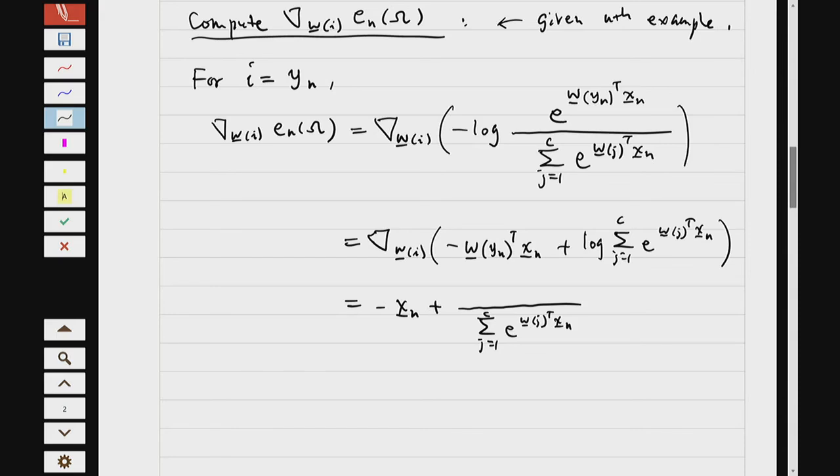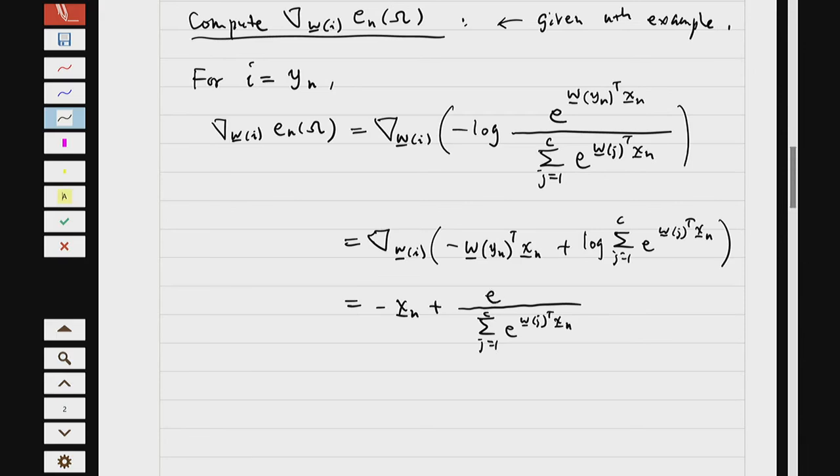Chain rule of differentiation. When you take the gradient of the sum, only one term matters. The others are constant with respect to w. Only the i's term, or the yn's term, matters. Then you take the gradient of the e to the something, you also have e to the something. Just the same thing we have done last time, just multiple rounds of applying the chain rule of differentiation.